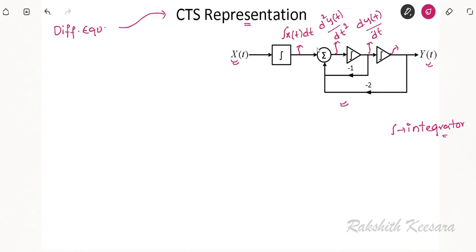And this summation acts as KCL. Sum of input signals is equal to sum of output signals, that is integration of x of t dt, minus dy of t by dt, and minus 2y of t. What is the output? Output is d square y of t by dt square.